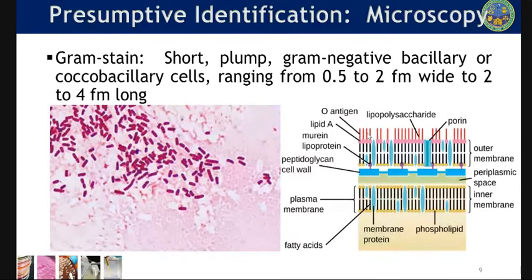So microscopy will just give you an idea whether this is gram negative or gram positive. And to emphasize, bacteria under this family are gram negative. They have a characteristic short, plump, gram-negative bacillary or coccobacilli form at times, ranging from 0.5 micrometer wide to 2 to 4 long.